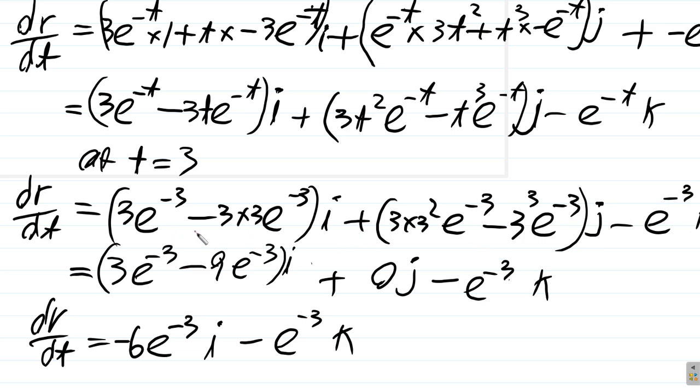So here, 3e to the negative 3 minus 9e to the negative 3 is going to be negative 6e to the negative 3 i. And this part disappears, it subtracts itself, then minus e to the negative 3 k.